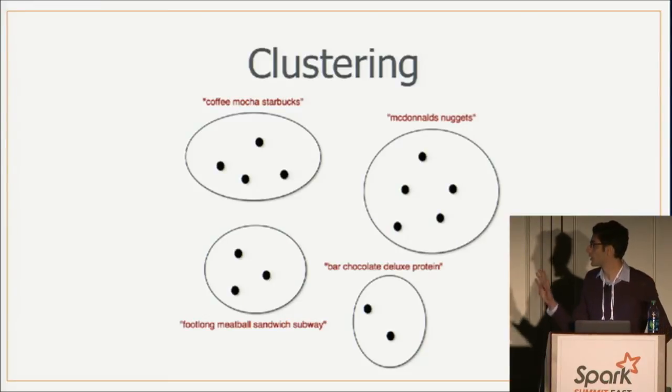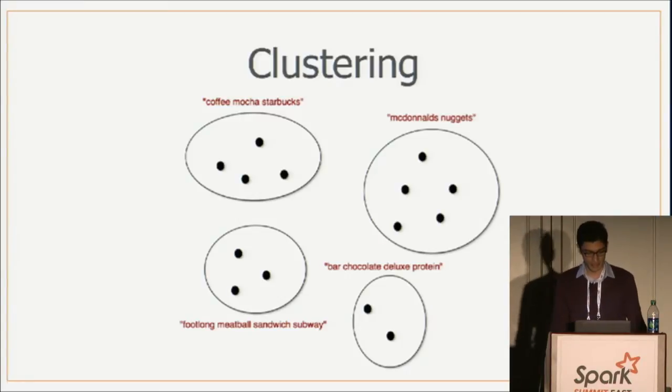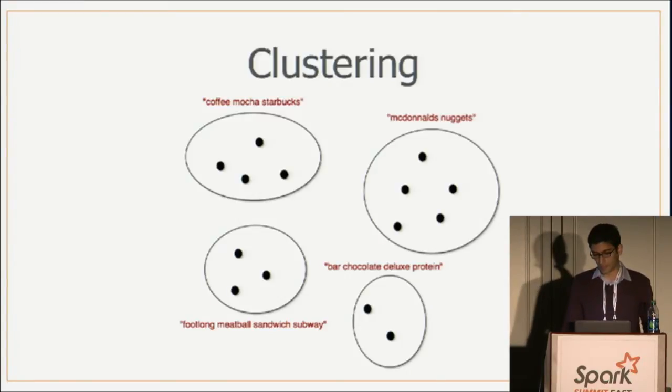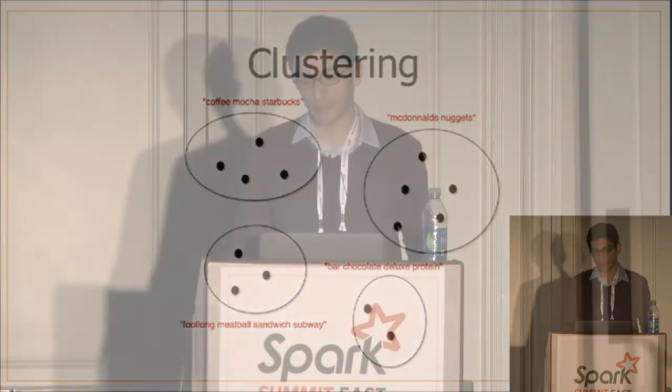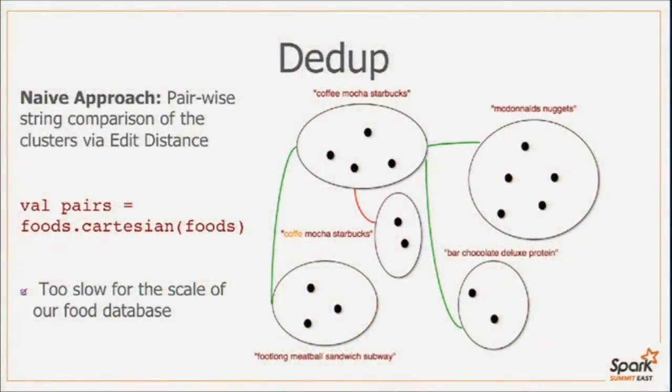We have a bunch of foods for McDonald's nuggets and so on. But in this process, some food items might appear which are actually duplicates, typos or misspellings of one of these clusters. For example, if coffee, mocha, Starbucks is misspelled, using that normalization process it cannot be treated as the same entity, and it would be separated into two different clusters.